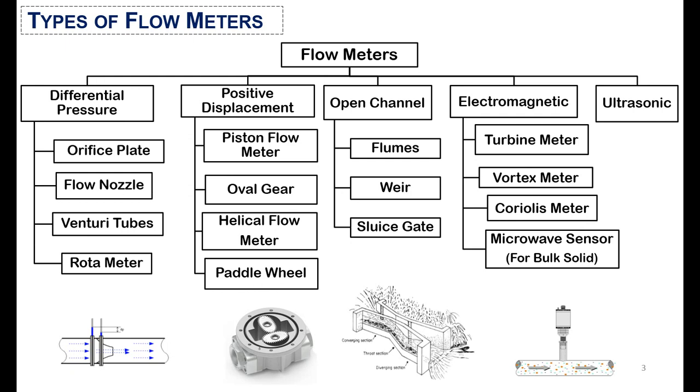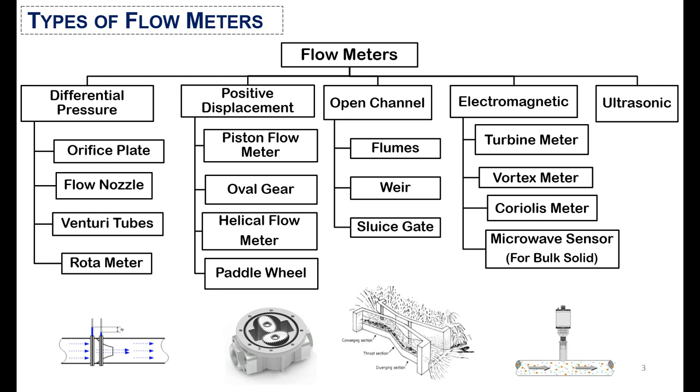There are mainly 5 types of flow meters: differential pressure flow meter, positive displacement flow meter, open channel flow meter, electromagnetic flow meter, and ultrasonic flow meter. While these flow meters are subcategorized into orifice plate flow meter, flow nozzle flow meter, Venturi tubes flow meter, and rotameter.